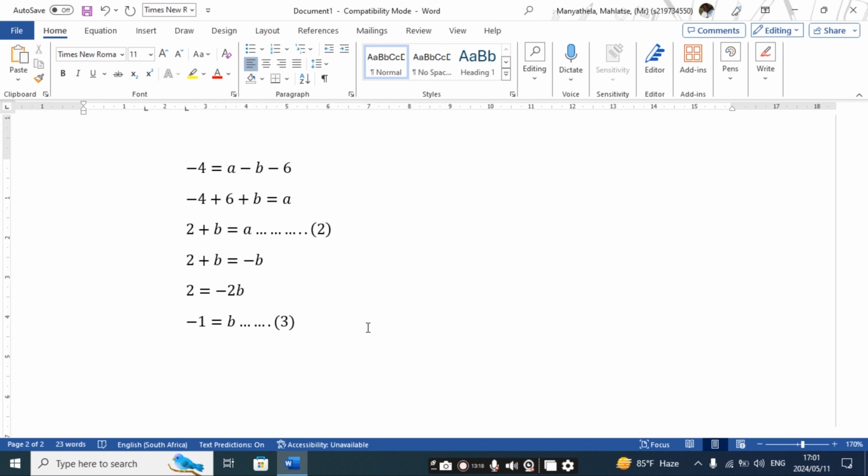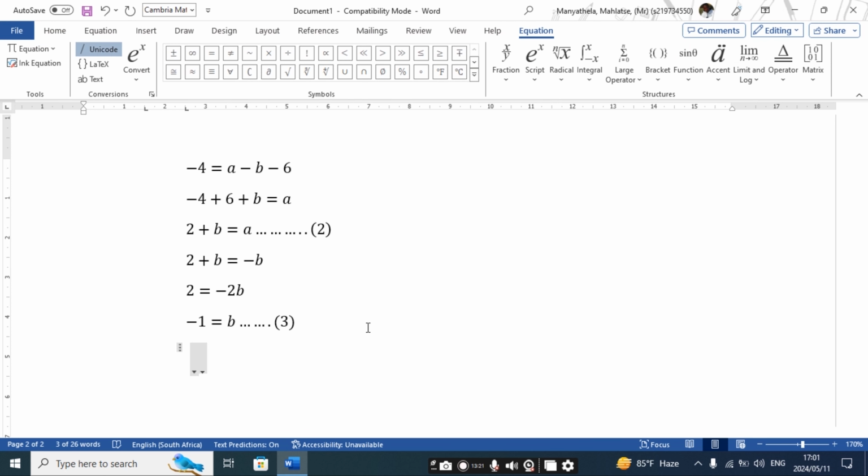To find the value of a, I'm either going to substitute 3 in 1 or 3 in 2. It doesn't really matter. So if I say 3 in 2, I'm going to have 2 plus, in bracket, -1 equal to a.